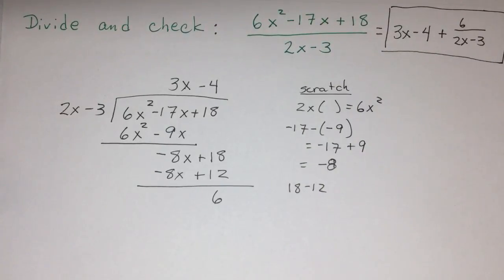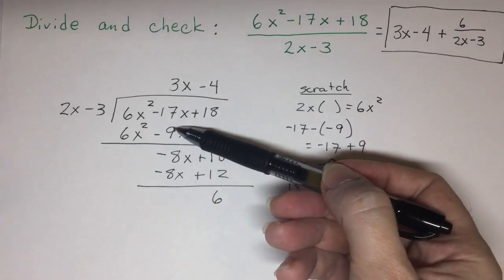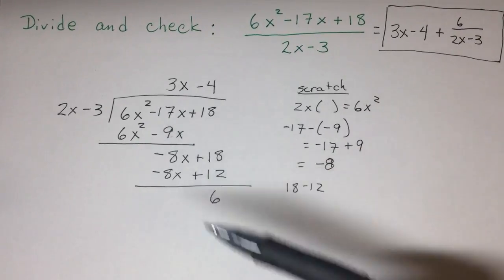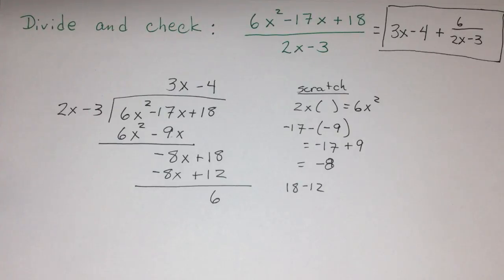Now, I've also got divide and check, because with division problems, you're going to make a lot of careless errors the first couple of times you're working these, in particular with that subtraction. So how can you check your work?